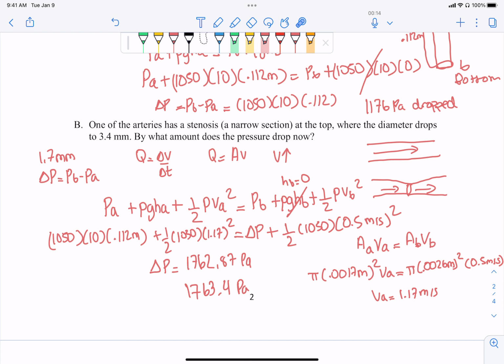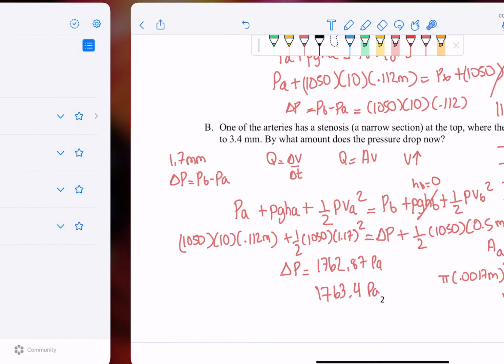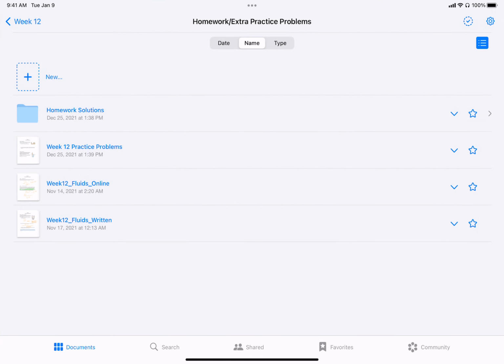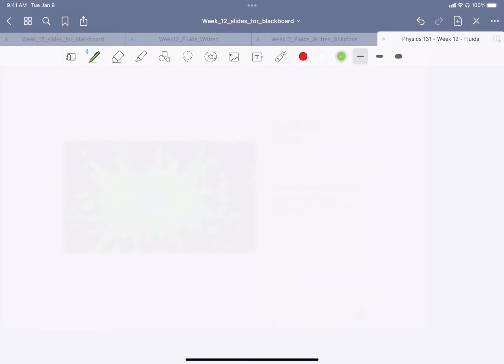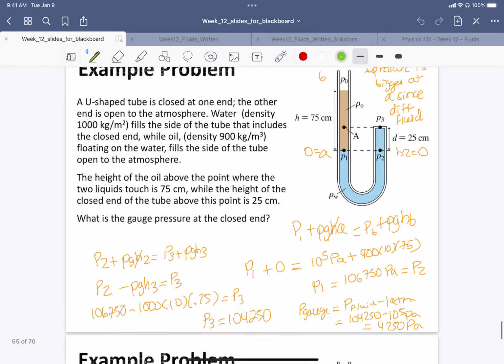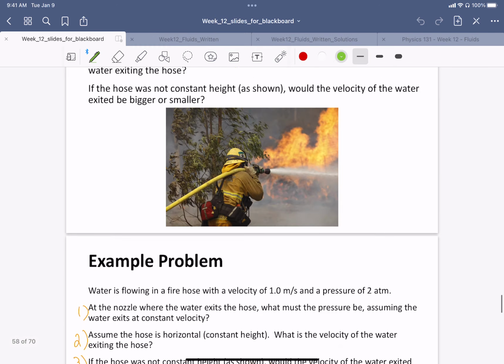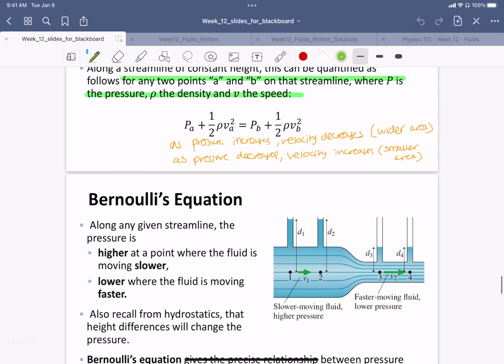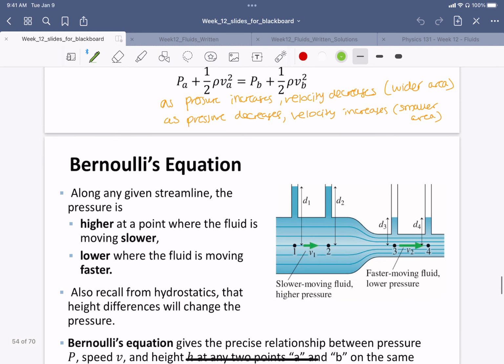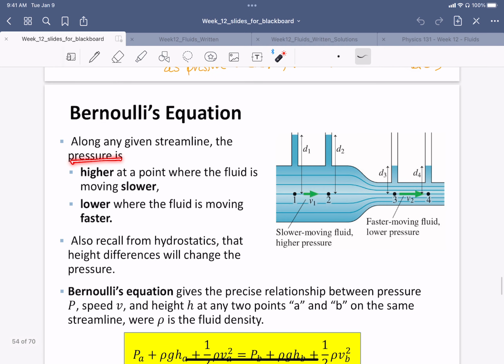And I can show exactly where this comes up in the lecture, I believe. I can show it here real quick. Oops, that's the reading. Yeah. So pressure is higher when the fluid is moving slower.